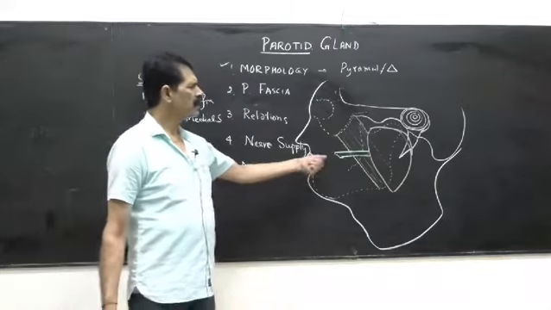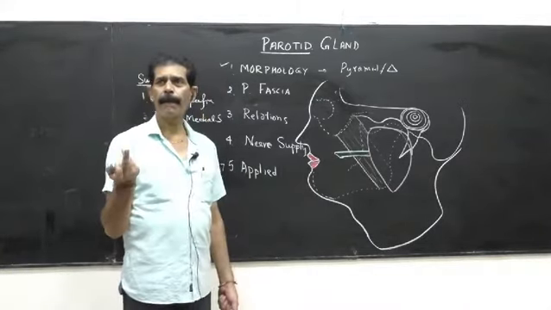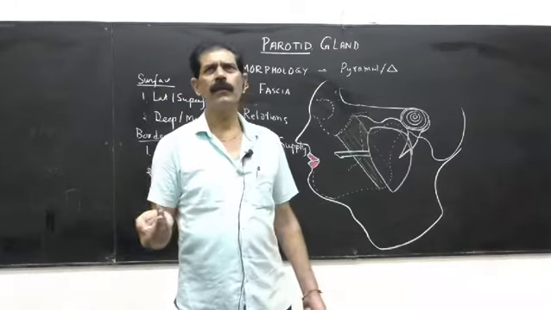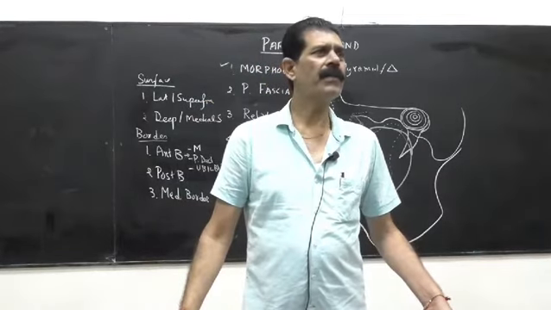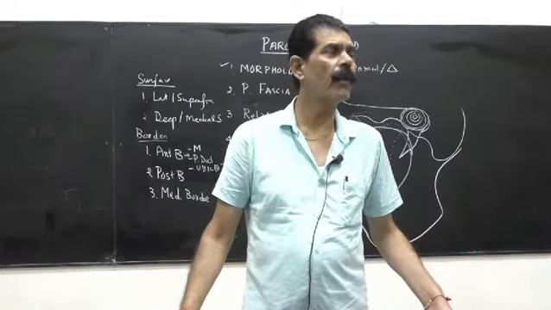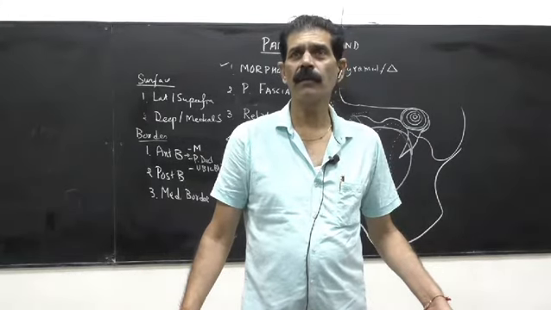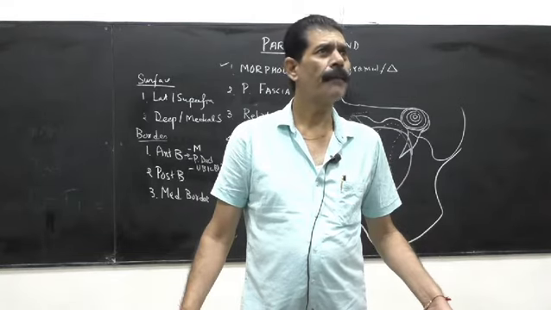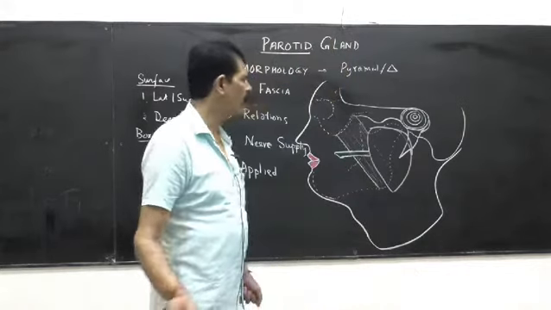And where does it open? In the oral cavity, because saliva has to go into the oral cavity, so it opens into the mucosa of the oral cavity, but against which molar tooth? That is important. Anybody? It opens against the upper second molar tooth. Underline it. Upper second molar tooth.